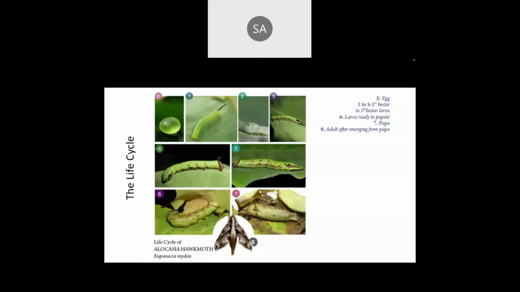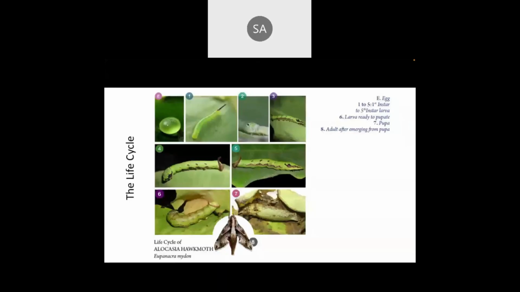Yes. The number 7 which you can see is the last instar.